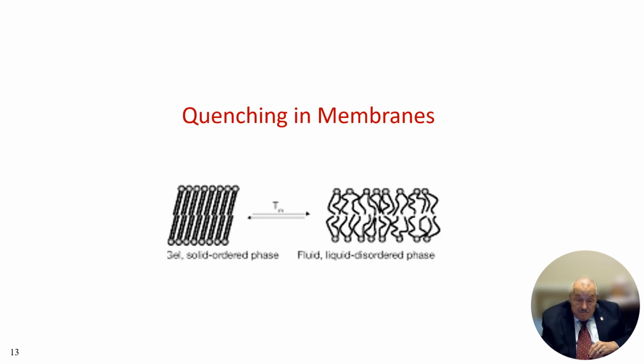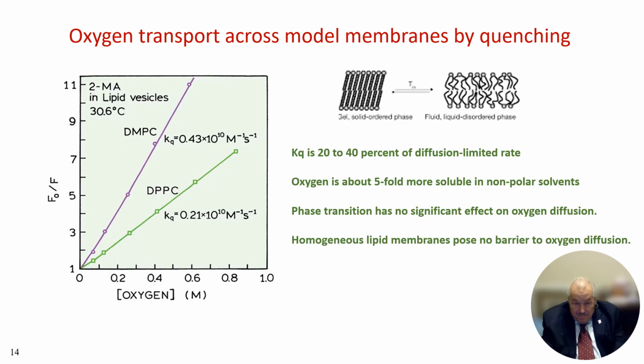So now let's move on to something that's more complex, which is quenching in membranes. So let's look at some of the data that we already know for quenching with membranes. We know that membranes undergo a phase transition from a solid form to a semi-liquid form, from a state where the side chains are ordered to where they're disordered.